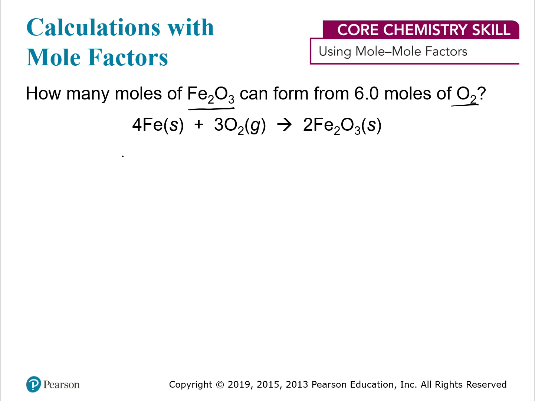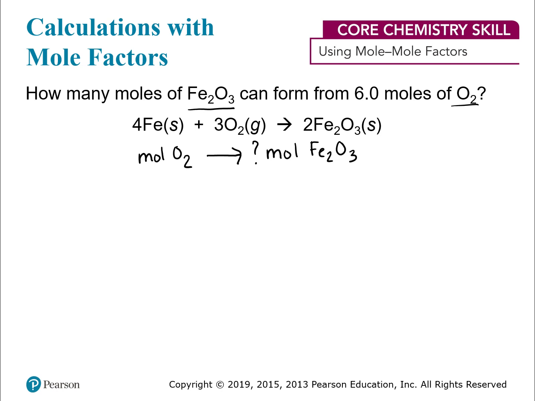This is where writing out your plan is really helpful. We're starting out with moles of oxygen. We're trying to figure out moles of the iron 3 compound. When you're writing your plan, be specific.